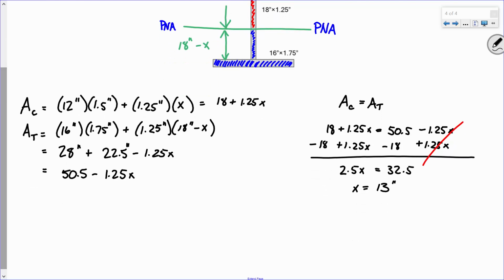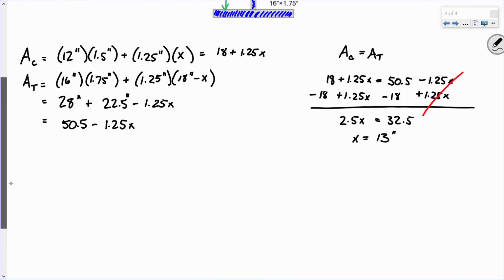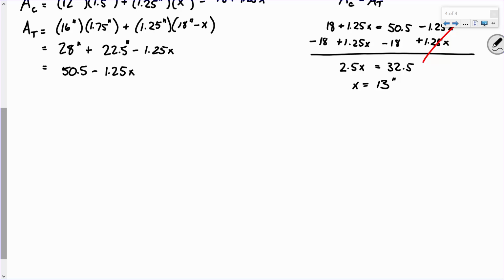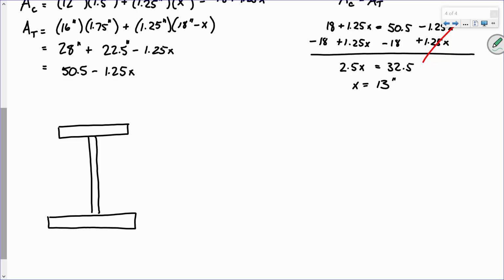So I'm going to redraw the beam. That was all right, I just got a little paranoid there. I propose then that the plastic neutral axis is somewhere right here, where this distance is 5 inches. Sound good?